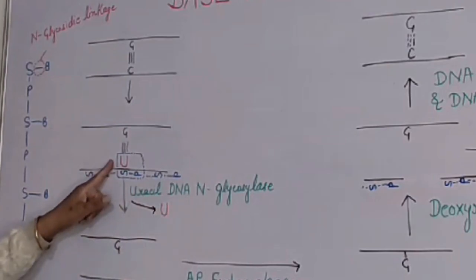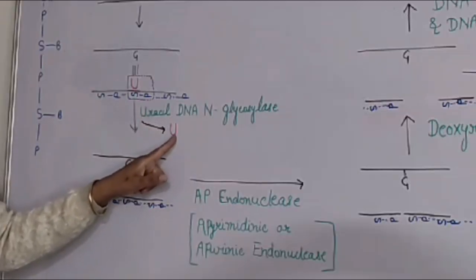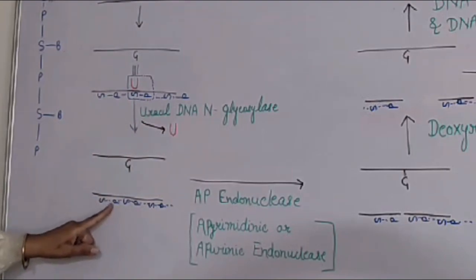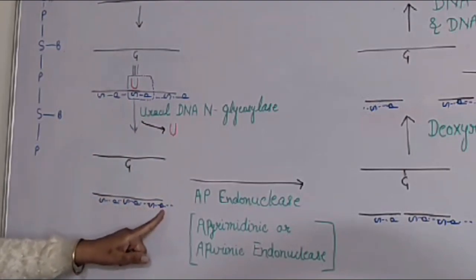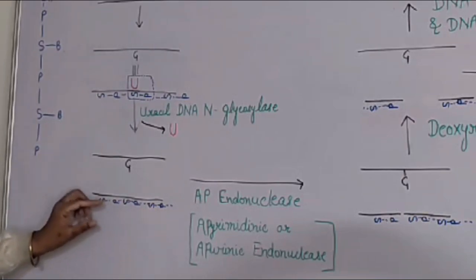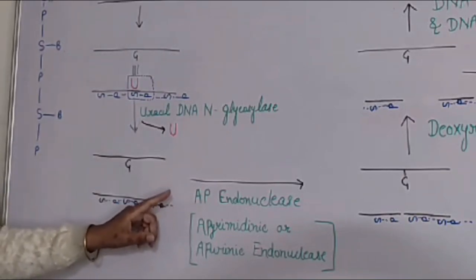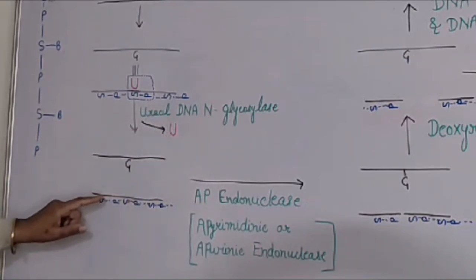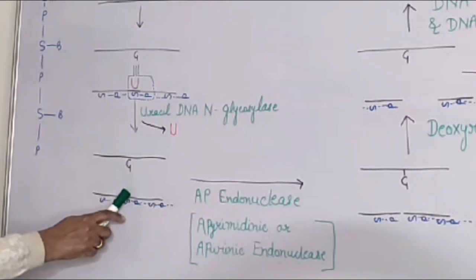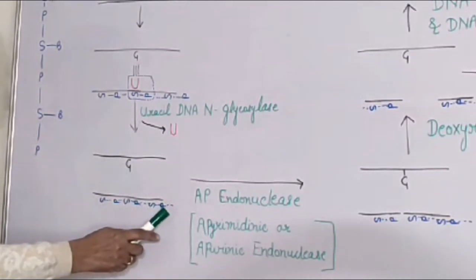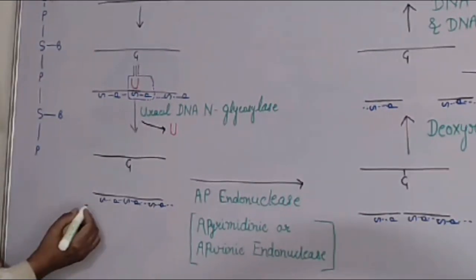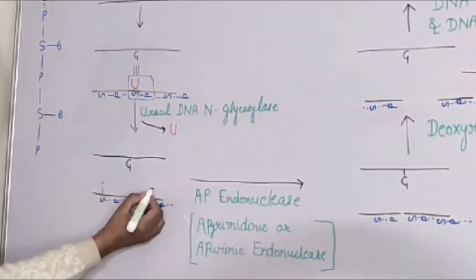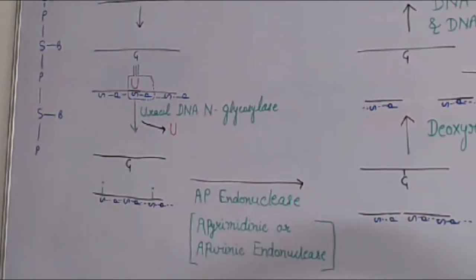This enzyme removes the wrong base, that is the uracil in this case, and we are left with the plain sugar phosphate, sugar phosphate, sugar phosphate backbone. This is how the wrong base gets removed. Now we don't have any base here. We only have the sugar phosphate backbone, and where the bases were right, those right nitrogenous bases are still there.